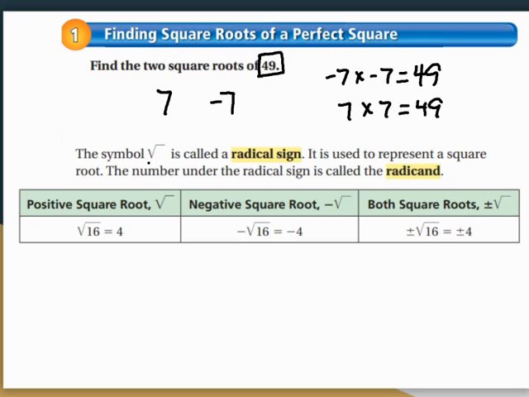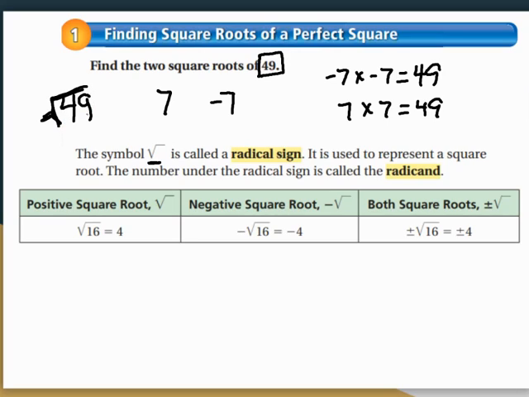So this little symbol here is called the radical sign, and we use it to represent square roots. If you see this number 49 under one of these things that looks like a division sign with a little tail out front, that thing is called a radical sign, and it means what is the square root of 49.